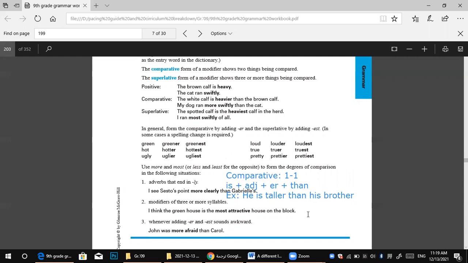What about the superlative? First, here is the comparative also, but with the long adjective.